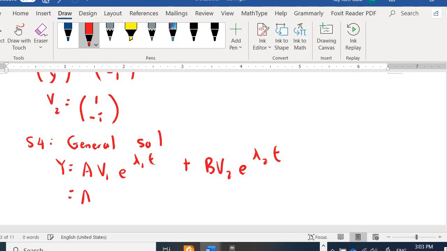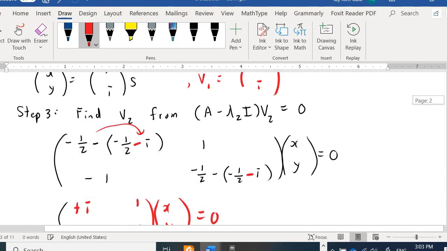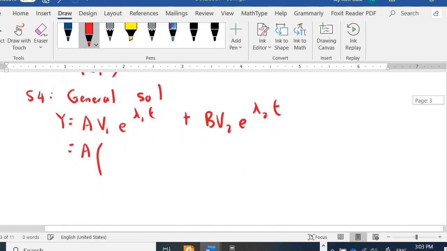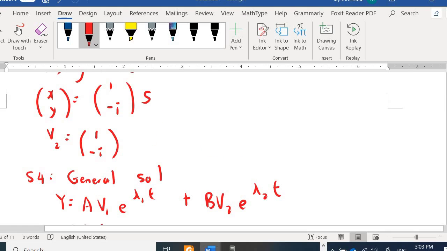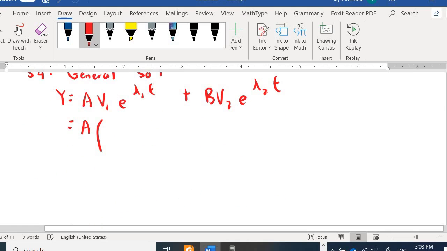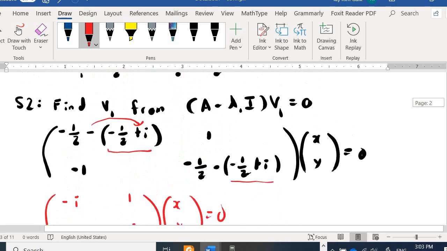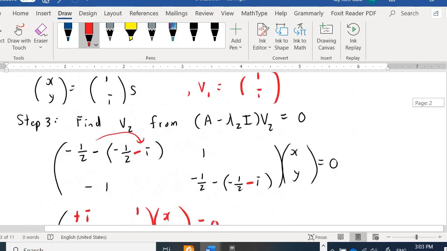The v1 in this case is 1, i, with exponent lambda 1, which is negative half plus i, t.